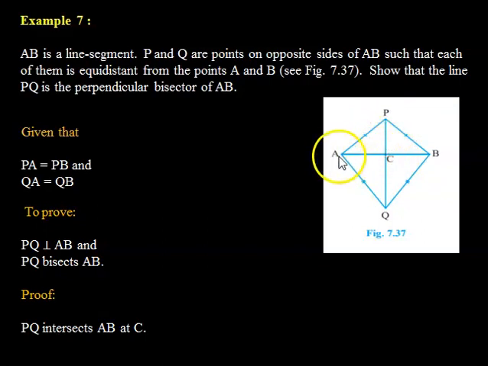And what do you mean by bisector? CA will be equal to CB. That is what I have written here. So given is PA equals PB, QA equals QB. We need to prove PQ is perpendicular to AB and PQ bisects AB. It intersects AB at the point C.